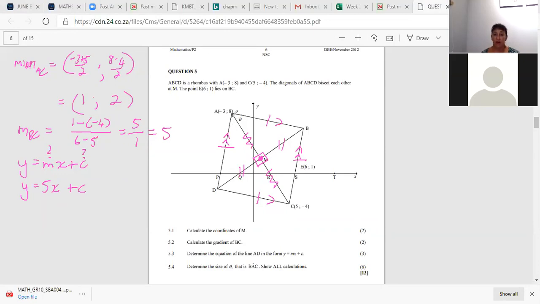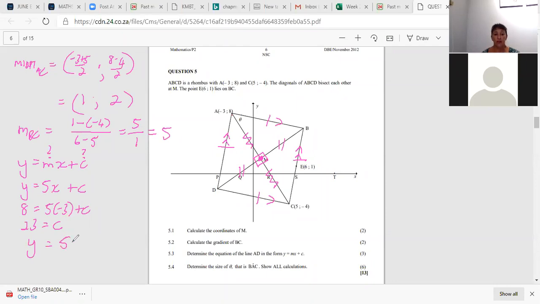All right, so we have the gradient of this line. We also have a point on that line. So y is 8 and x is minus 3. That is minus 15, and 8 plus 15 is 23. Please just check my algebra.